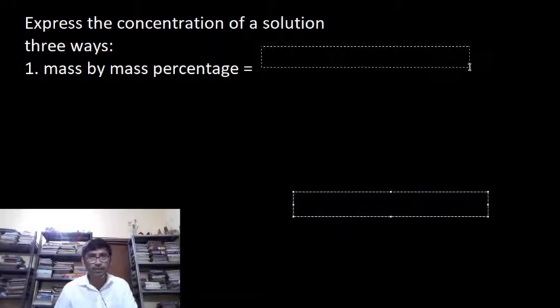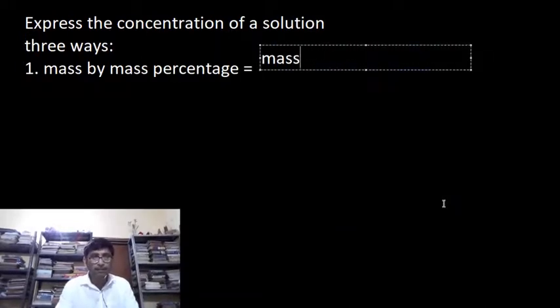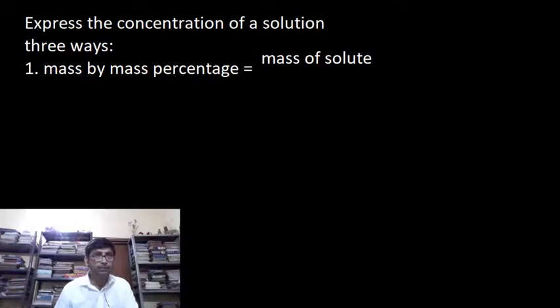Mass by mass percentage is equal to mass of solute divided by the mass of solution.